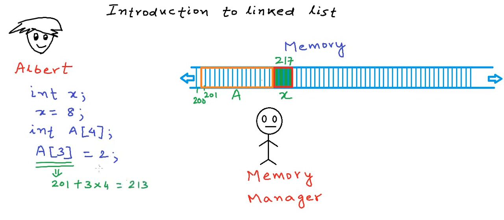So it knows that A3 is at address 213. So to access any of the elements in the array, the application takes constant time.